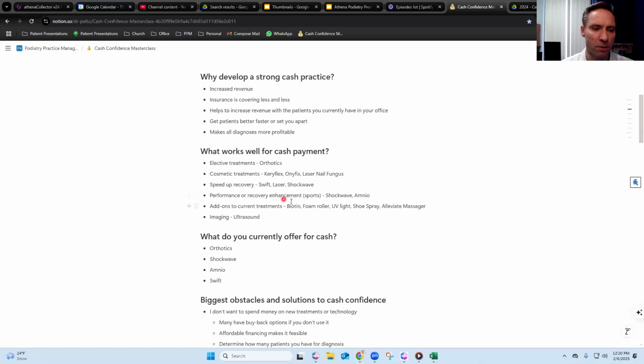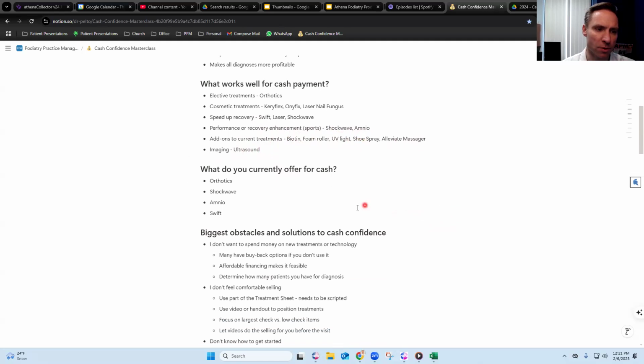Then performance or recovery enhancement, such as shockwave and amnio. And then add-ons to current treatment. These are cash pay, like biotin, foam rollers, UV light, shoe sprays. There's a new thing called an Alleviate massager, which is like a grass thinning tool. And then imaging that is cash pay in our area for some patients, while for others it's covered.